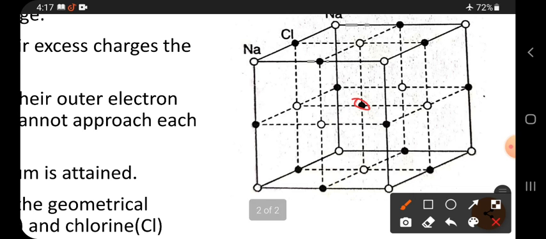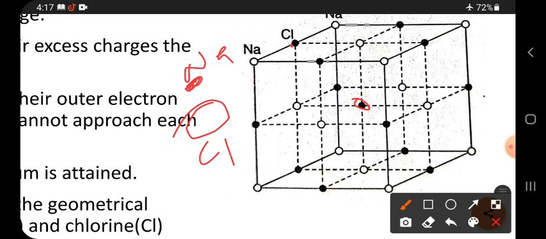Let me take a reference. This black color is a chlorine atom, and this is sodium. The same distance is present between them.